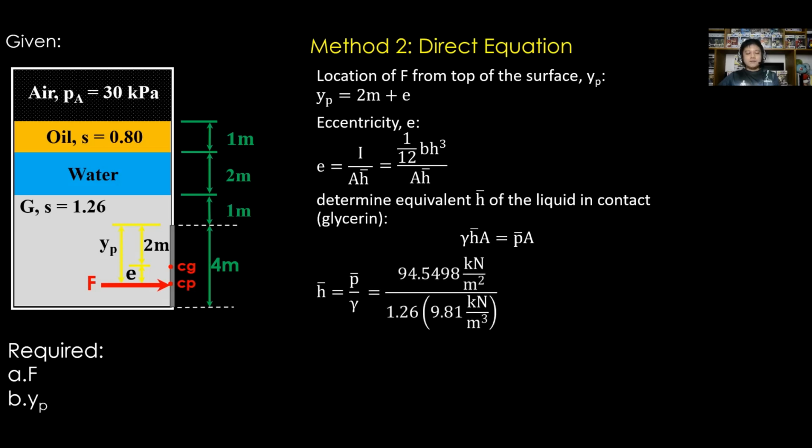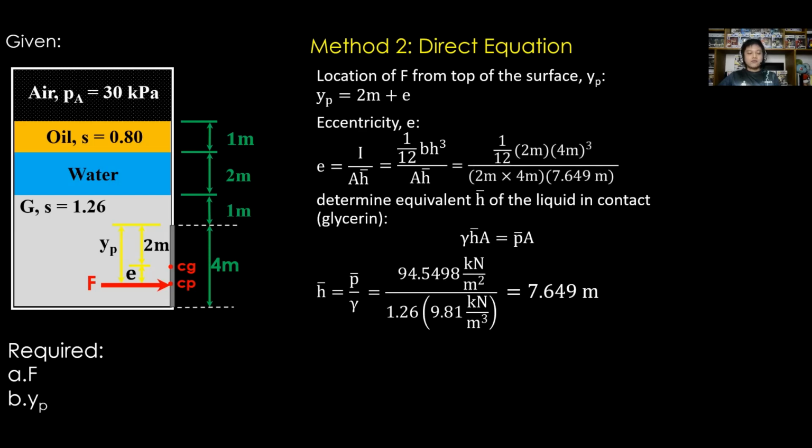Substitute P bar and gamma of glycerin, wherein P bar is 94.5498 and gamma of glycerin is 1.26 times 9.81. So for H of merely glycerin that is exposed to the atmosphere, we have 7.649 meters depth of glycerin.